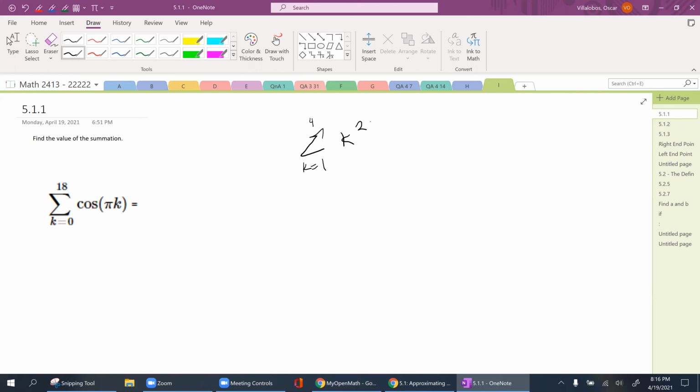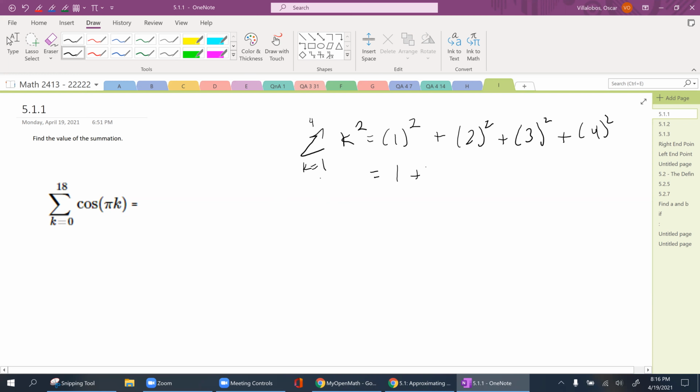This means you're going to start at the bottom value and go all the way to the top value. That is where you'll stop. So for the summation, I'm starting at 1 and plugging it into the function you're given. That's 1 squared plus 2 squared plus 3 squared plus 4 squared, and that's where you would stop.